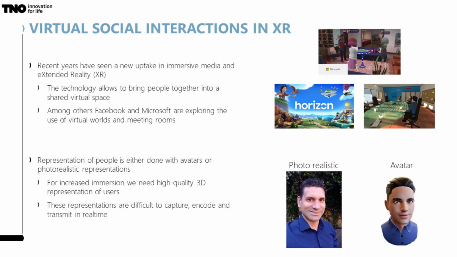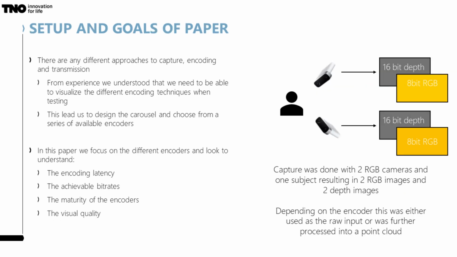So with this context, we can look at the setup and the goals of what we wanted to achieve in this paper. So again, going back to these photorealistic representations, we know that they are difficult to capture, encode, and transmit. And what we wanted to do here was to really analyze what the options were in the encoding.